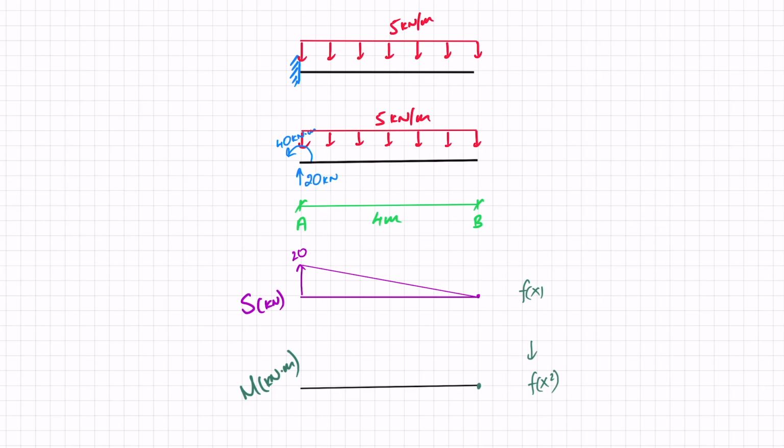I know that I have 0 at this end, and I know at the A end I have 40 kilonewton meters. If I look at the shape, I can see that this moment is pulling on the top, so tension's on the top. So I can draw my 40 kilonewton meters here, and I have to end in 0. And it's parabolic. Now, we have discussed this before, but of course, it can be parabolic this way, or it can be parabolic that way.